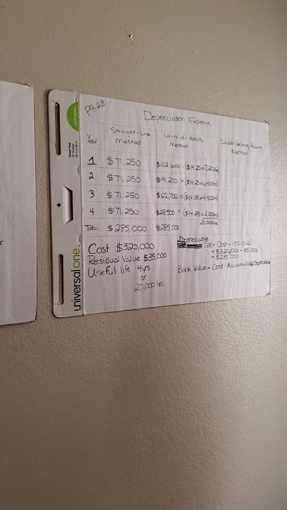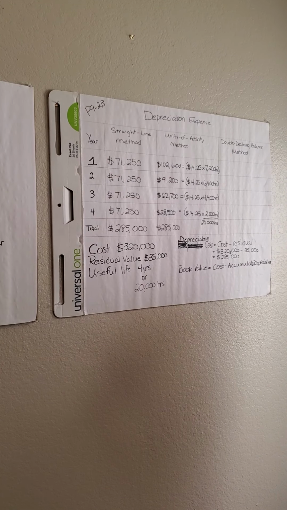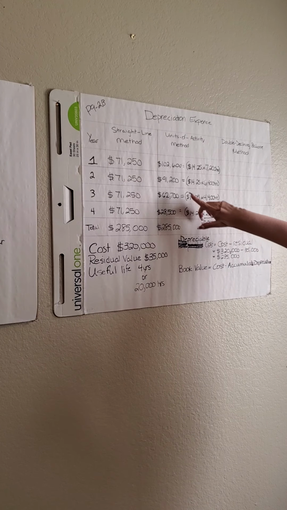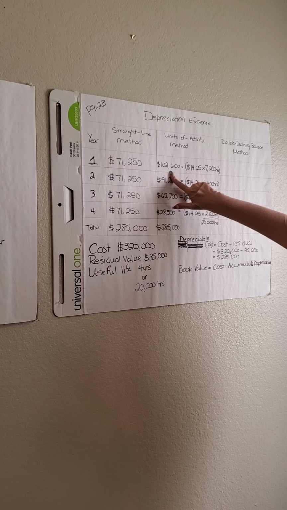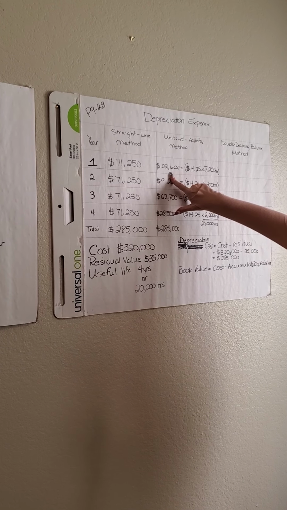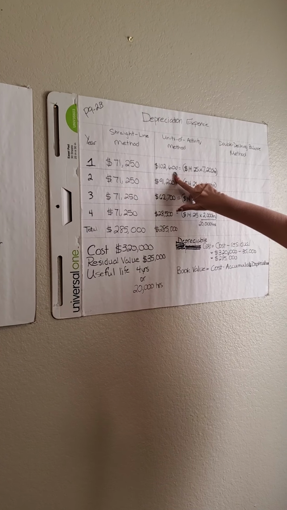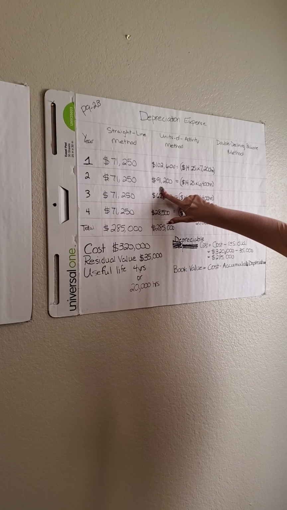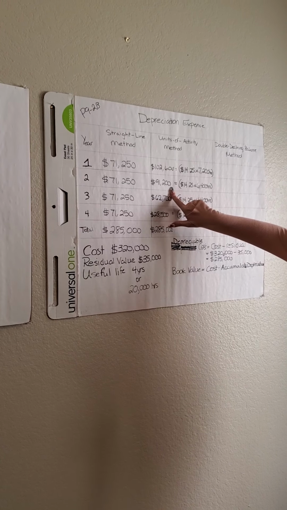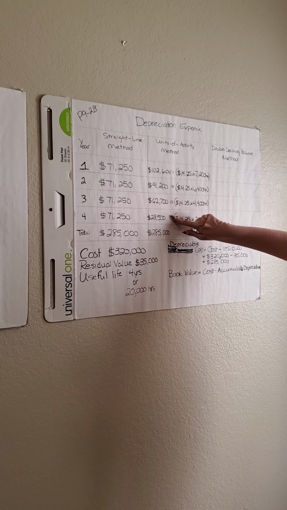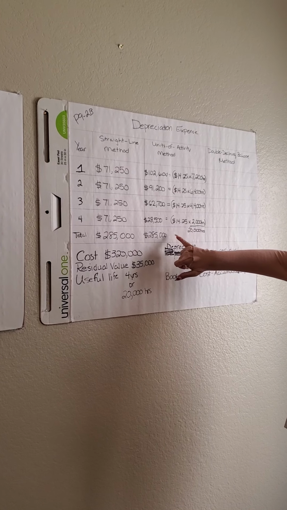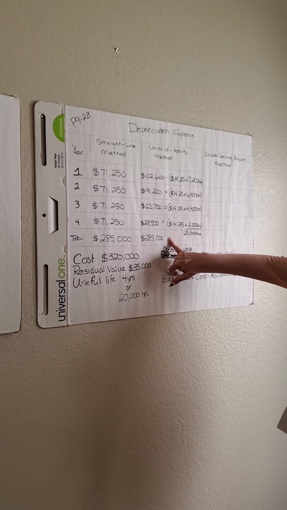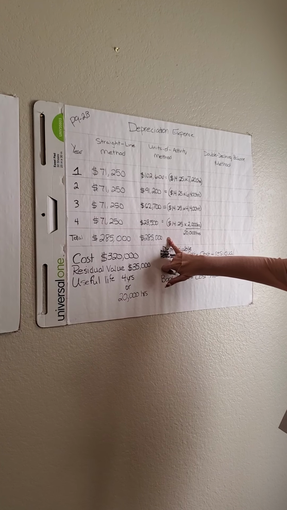Okay, so your journal entry is going to be different each year. So in year one, the journal entry is going to be depreciation expense debited for $102,600. In year two, you're going to have as the amount $91,200. So it's going to be different for each year. But at the end of the life, we still will only have depreciated the $285,000.